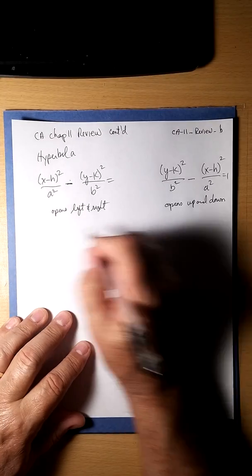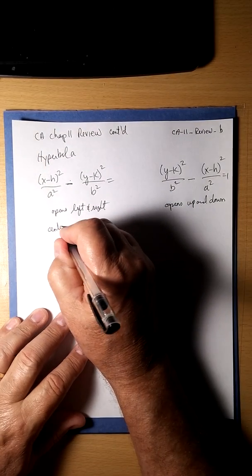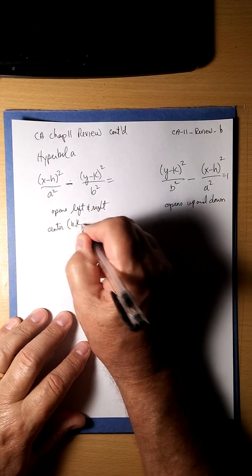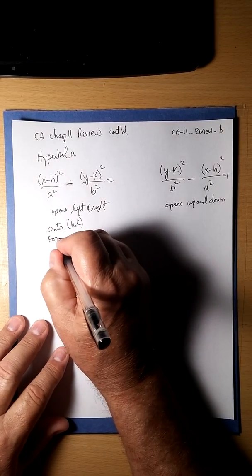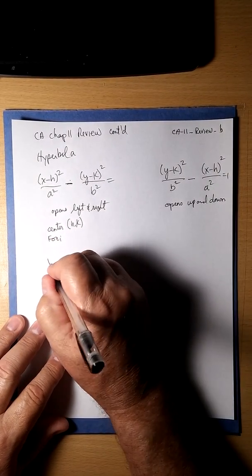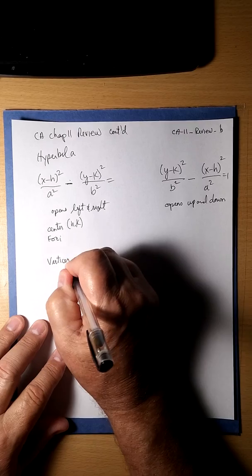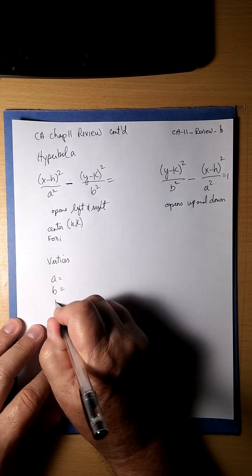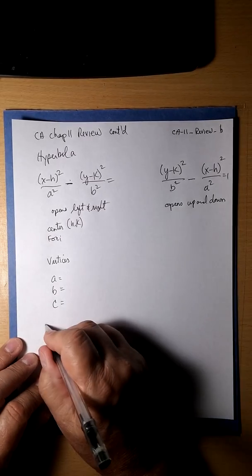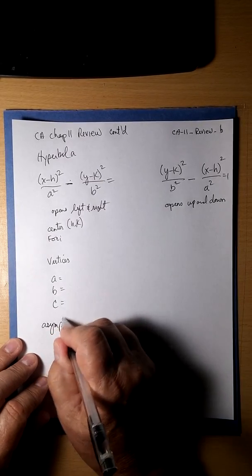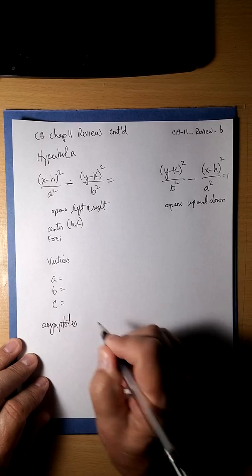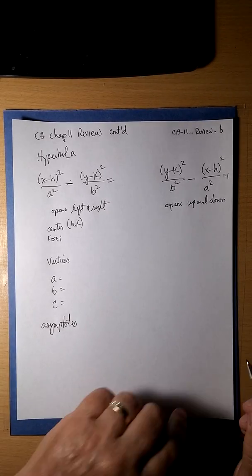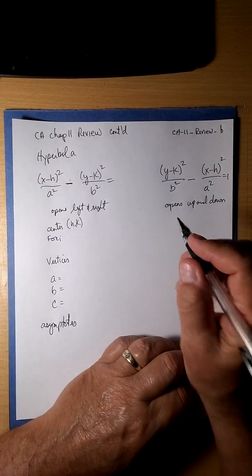There is a center, h, k. There are foci. There are vertices. There's an a and a b and a c. But there are also asymptotes. And the best way to learn this stuff is to draw a picture.